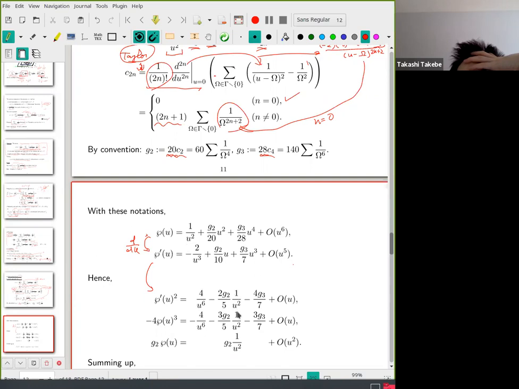And the second term comes from where? From this product, which comes from the product of these two. Of course, we need to multiply by 2. And the rest is already holomorphic.